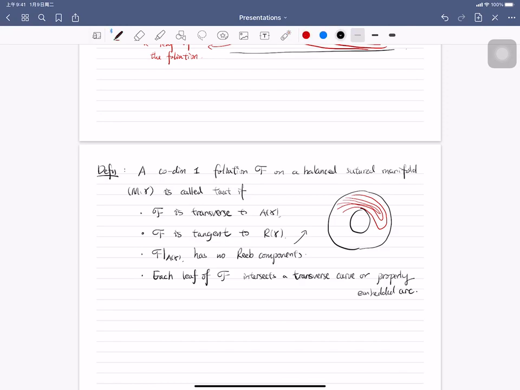So the importance is that Gabai shows that any taut balanced sutured manifold admits a taut foliation.